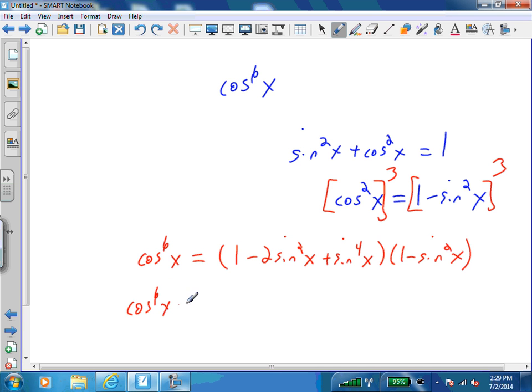So if we distribute, 1 times 1, 1 times sine squared, 2 minus 2 sine squared times 1, minus 2 sine squared times minus sine squared. Sine to the 4th times 1, sine to the 4th times minus sine squared.